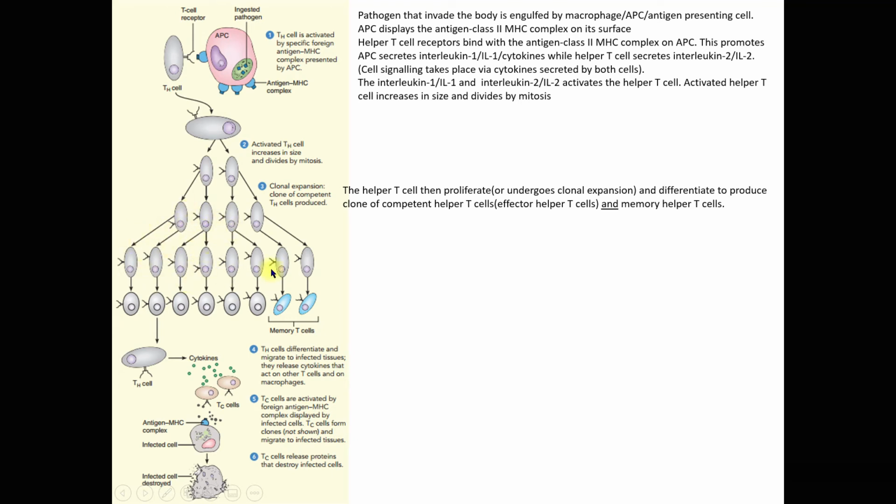You can see the clonal expansion process here, and differentiate to produce a clone of competent helper T cells. Now, this clone of competent helper T cells, also known as effector helper T cells or active helper T cells, and memory T cells. Okay, benda ni pun sama juga seperti apa yang telah berlaku di humoral immune response.